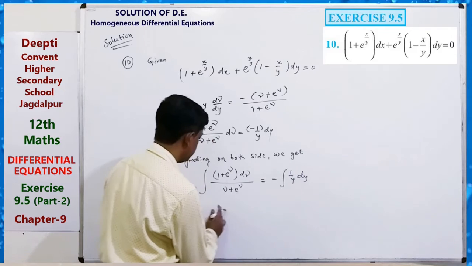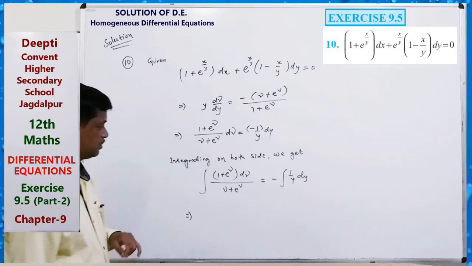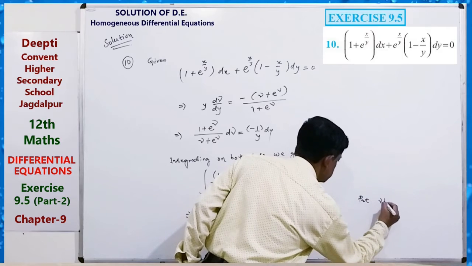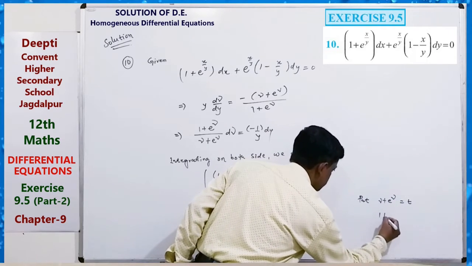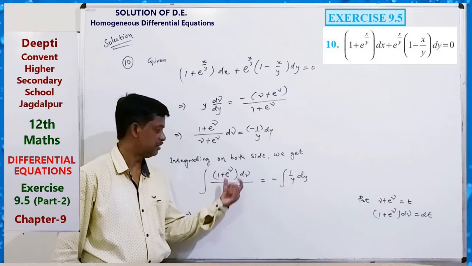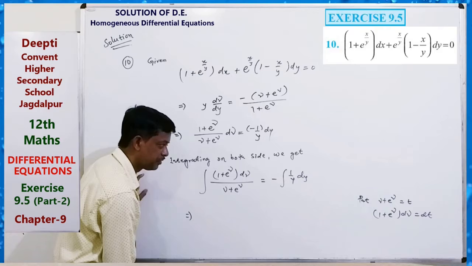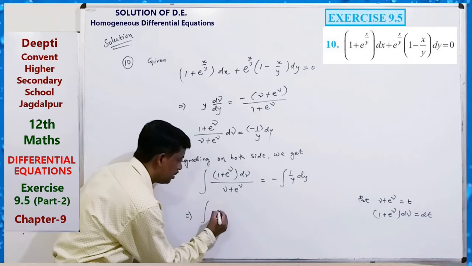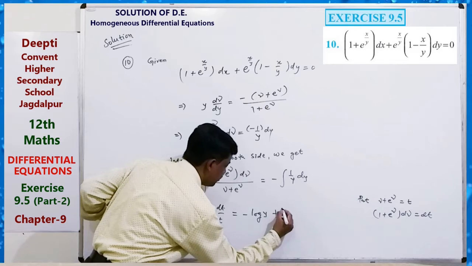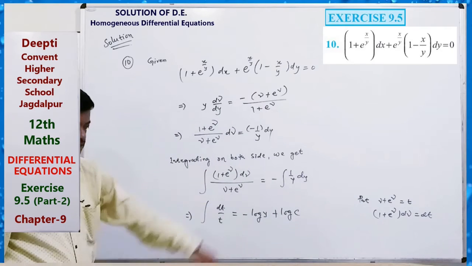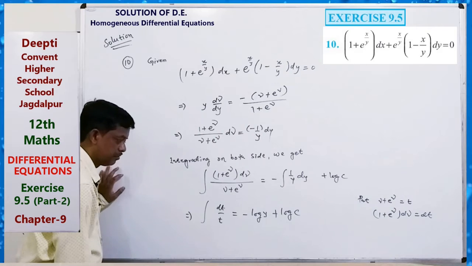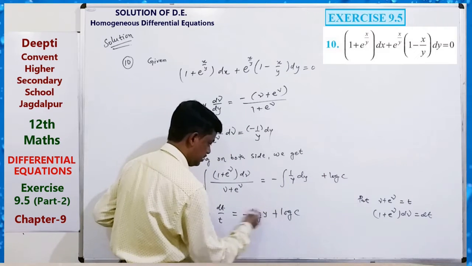Now put v + e^v equals t, then differentiating, (1 + e^v) dv equals dt. So the integration of dt/t equals minus log y plus log c, where we take the constant as log c after integration.